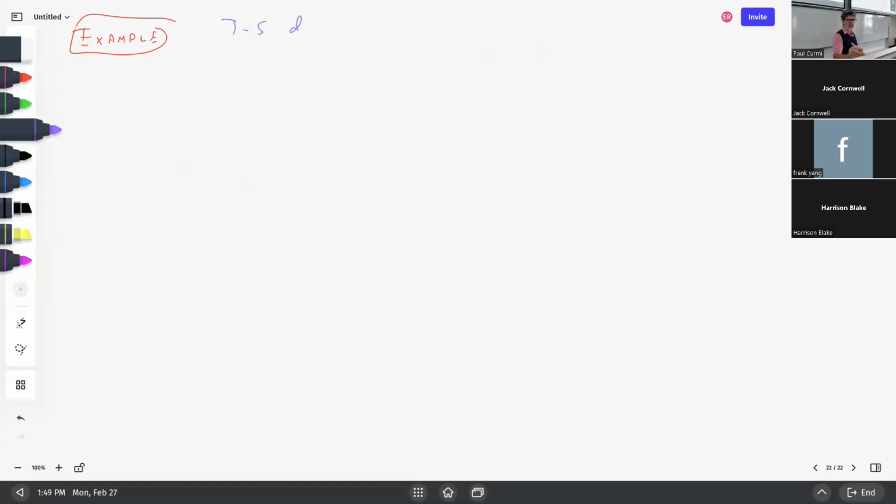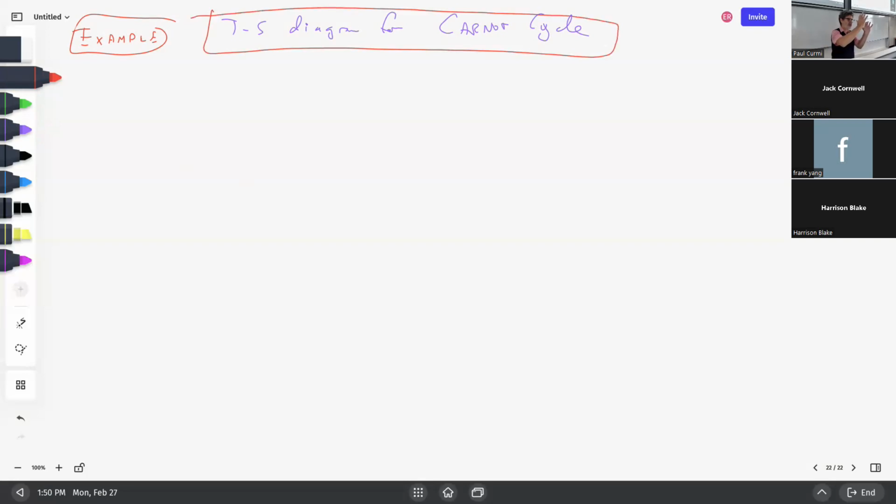TS diagram for Carnot cycle. So Carnot cycle is awful to draw. I hope some of you have drawn it with a plotting package just to see how squished the thing is. But if I draw it on a TS diagram, it's absolutely beautiful. So I've got temperature, entropy.